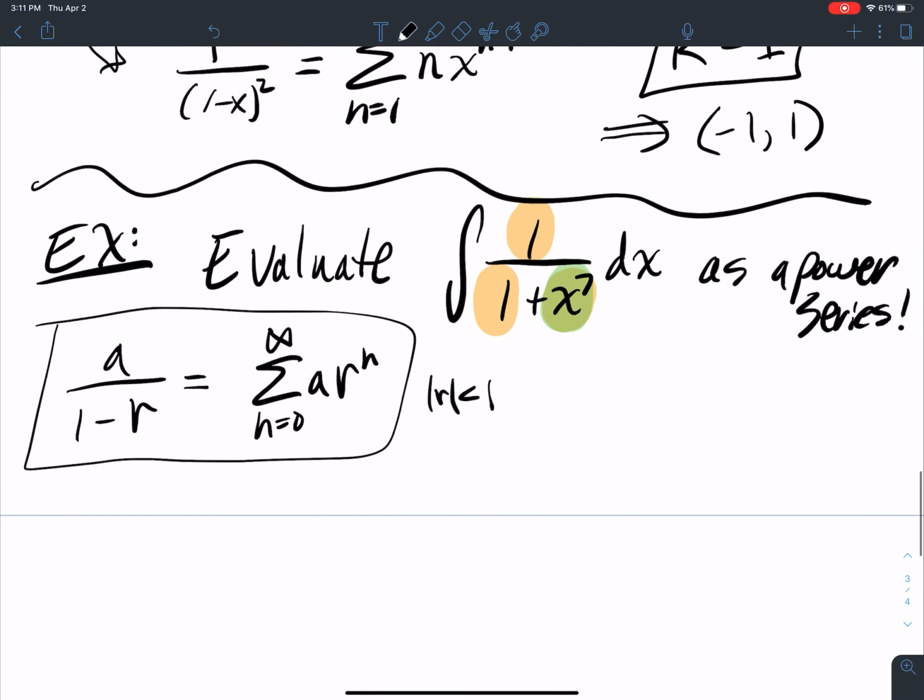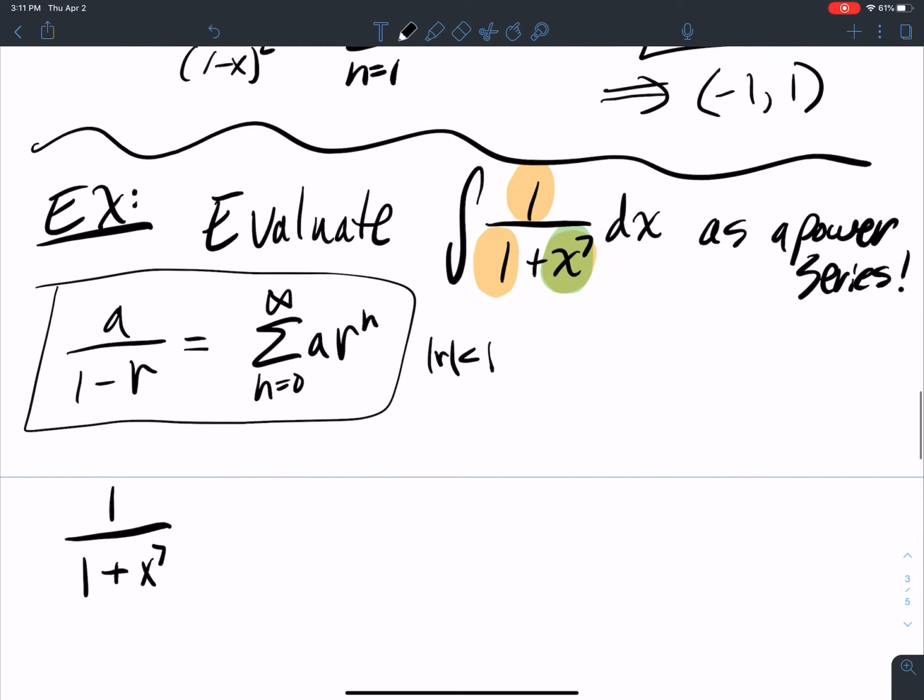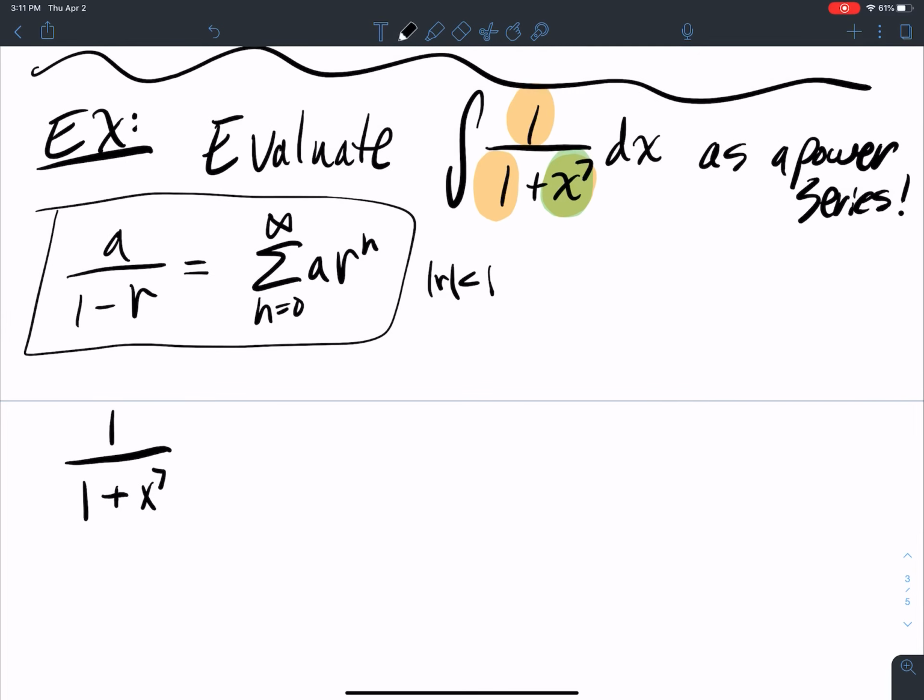So how do I make this look like that? Algebraically, we're going to have to use our thinking cap. The a is 1, we're good to go there. But I've got a minus r here and I have a plus here. Well, how do I turn a plus into a negative? To do addition via subtraction, we have to subtract a negative, okay?